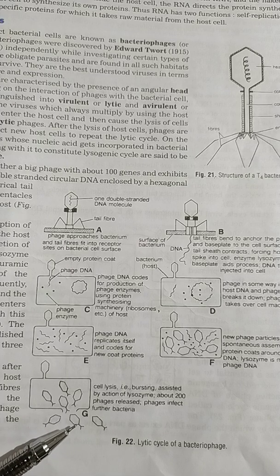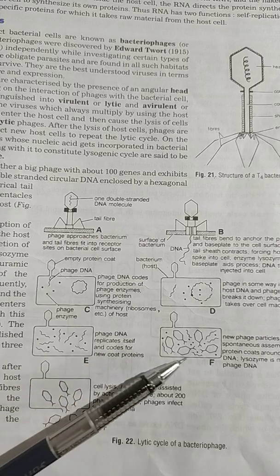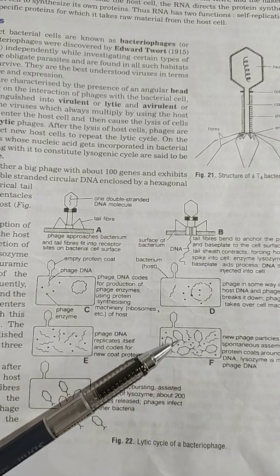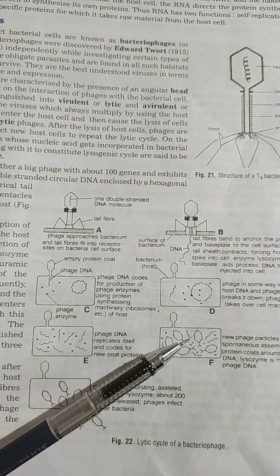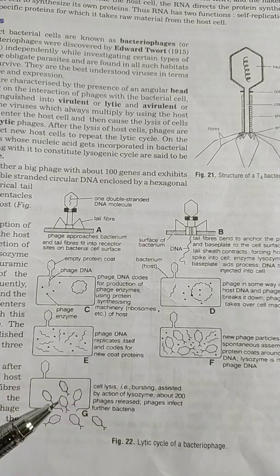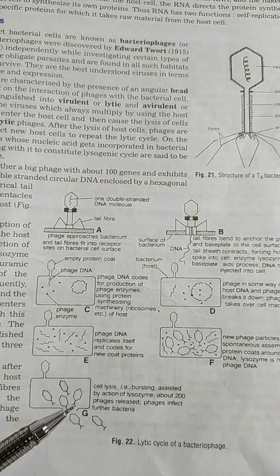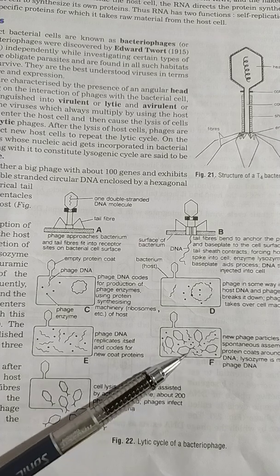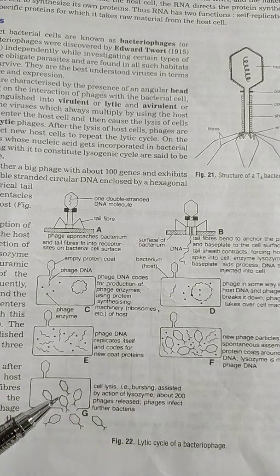And then we see that the DNA becomes resistant to nuclease attacks. So the DNA of the virus, children, is resistant to the nuclease enzyme attack, but the wall of the host is broken open.